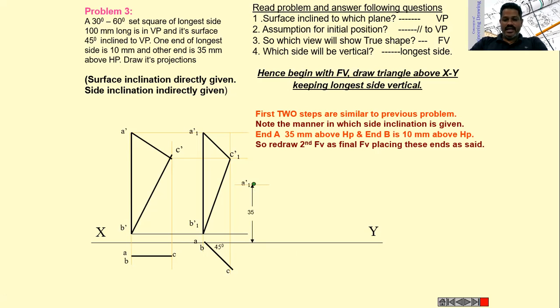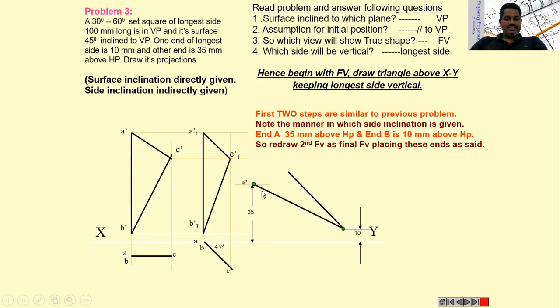Then locate another point, which is at a distance of 10 mm from the XY line like this. Then join these two points. This will be the longest edge. One end is 35 mm above the HP and the other end is 10 mm above the HP.